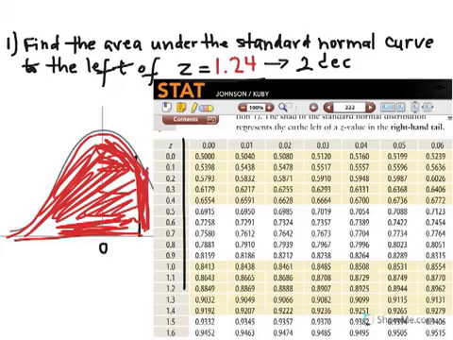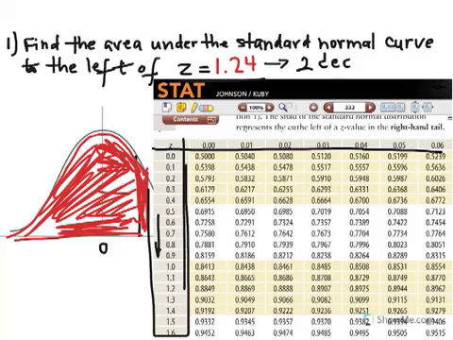In the margins right here. Column headers and row headers here, with units and tenth digits along the left side, and the hundredth digit across the top.